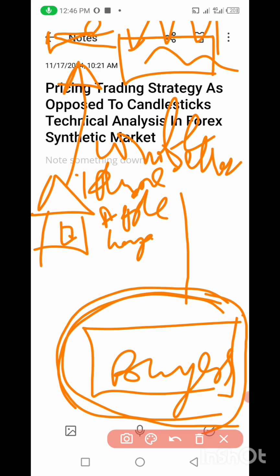If you buy something, you can resell it, because each time you buy, you want to make profit when the price goes up, and each time you sell, you want to make profit when the price goes down. But in a physical world, when you sell something, you have already believed that you bought it at a low price, so let me sell it so that I make profit. That is the belief.